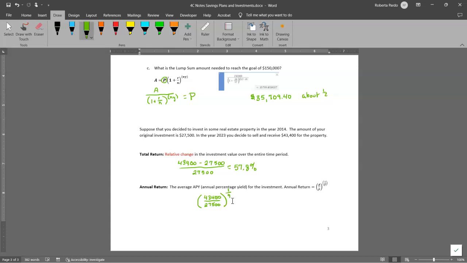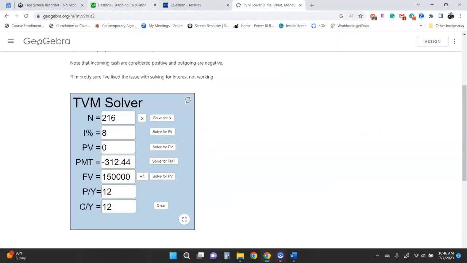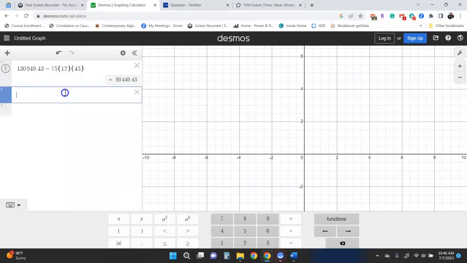This is similar to what we did in our exponential. And so if we go over to Desmos, we can type this in with parentheses, 43,400 over 27,500, and we're going to raise that to the 1 divided by 9. And we end up with 5.2% annually.